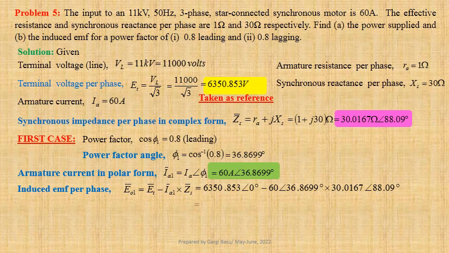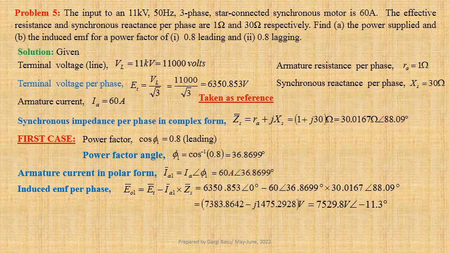That gives us 7383.8642 minus j1475.2928 volt. This may be written in polar form as 7529.8 volt at an angle minus 11.3 degree.